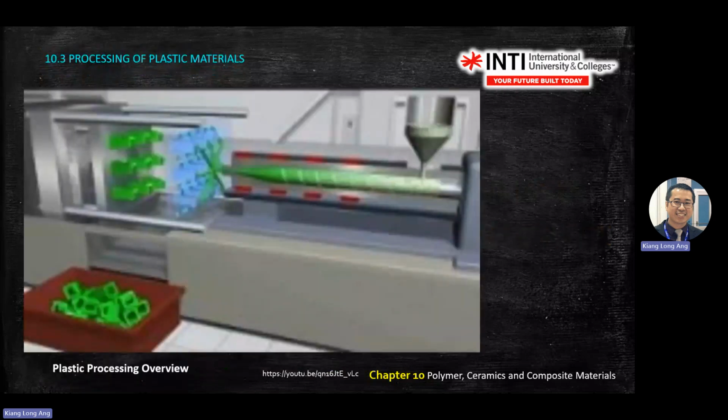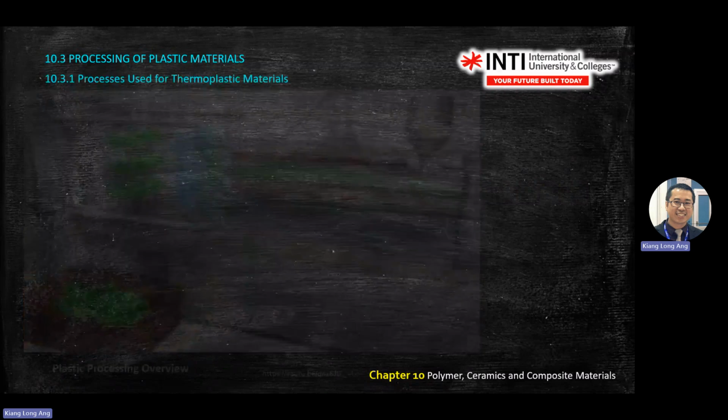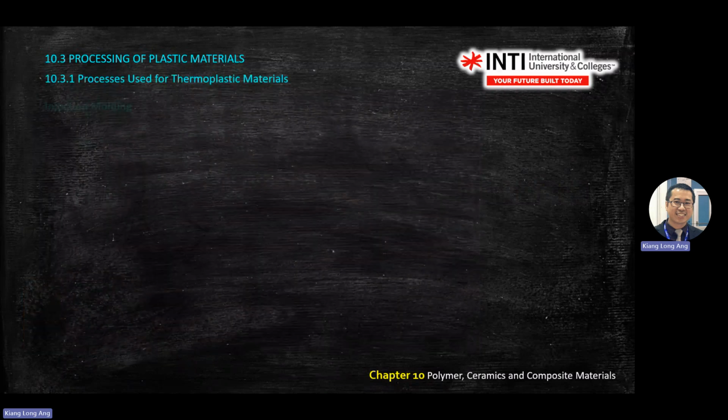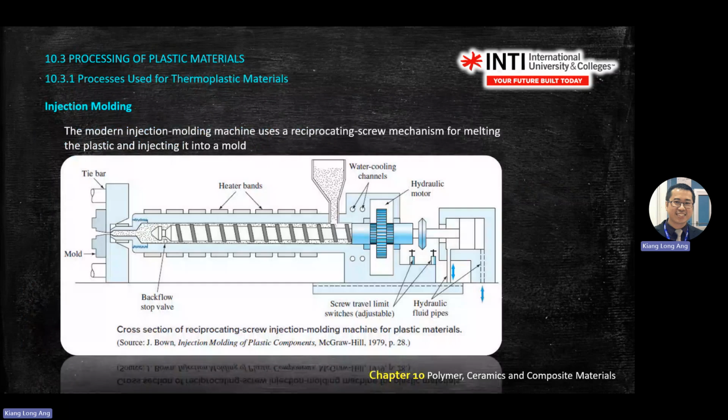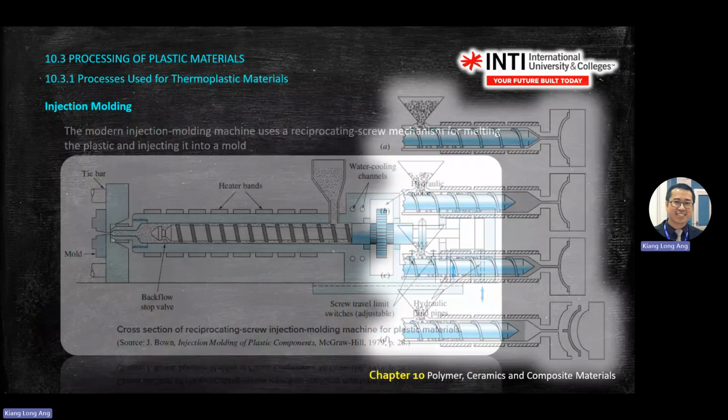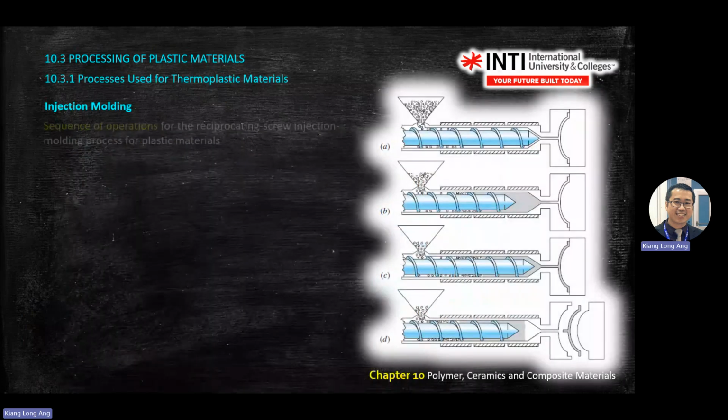Plastic processing, this one is your homework. Go and view this YouTube video on how you process thermoplastics. It really shows you how they produce metal, injection molding, and all this. You read.